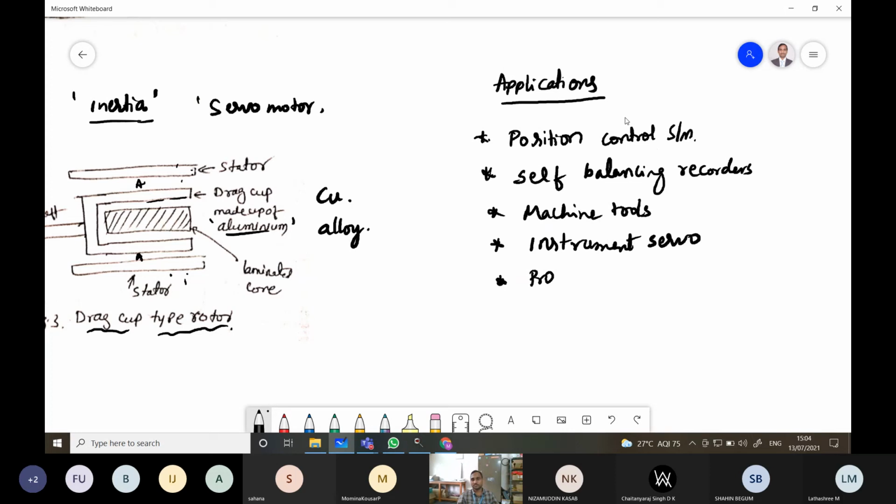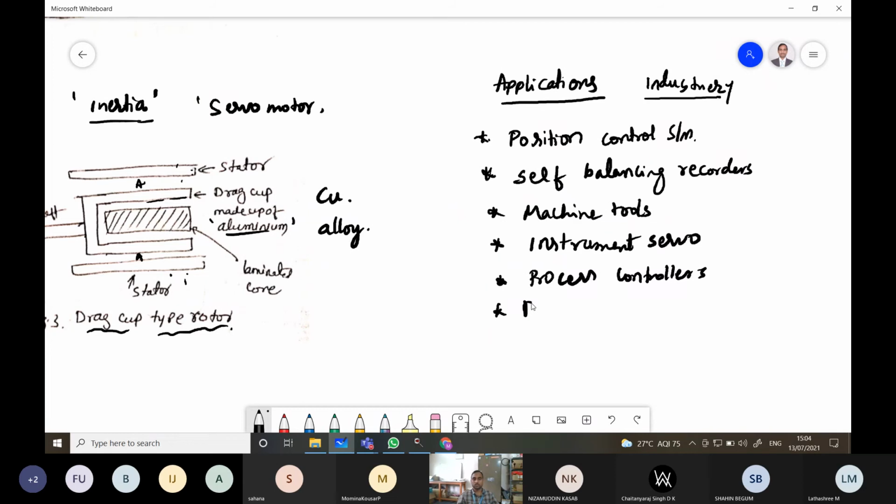These are some of the various applications in industries. Not domestic applications, these are industrial applications, process controllers.